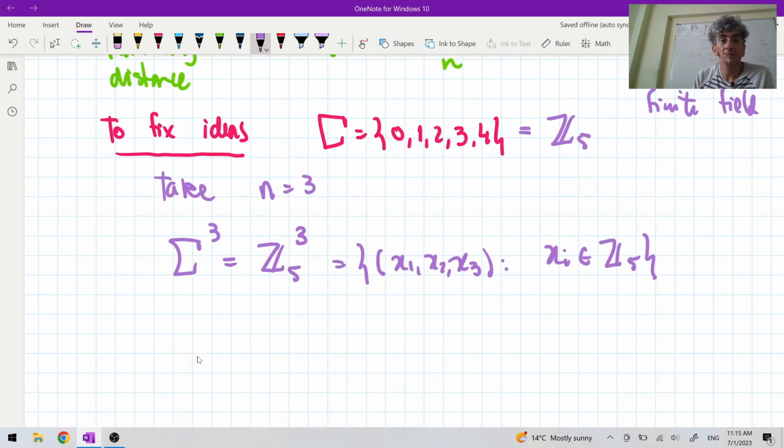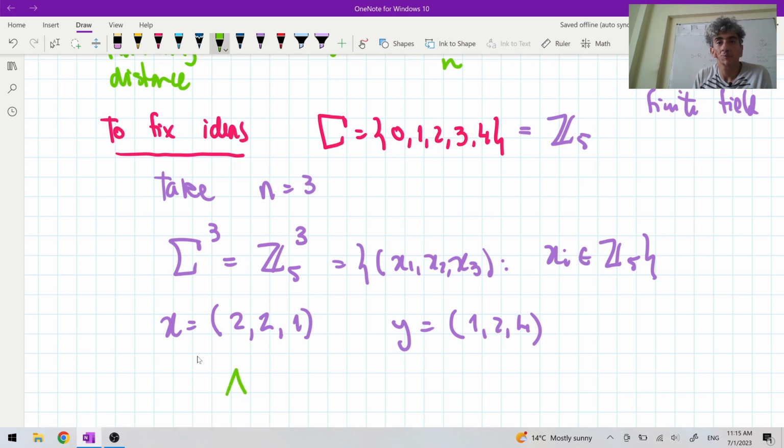And so let's calculate for x equal to 2, 2, 1, and y equal to 1, 2, 4. The Hamming distance between these two is simply counting how many times they're different.